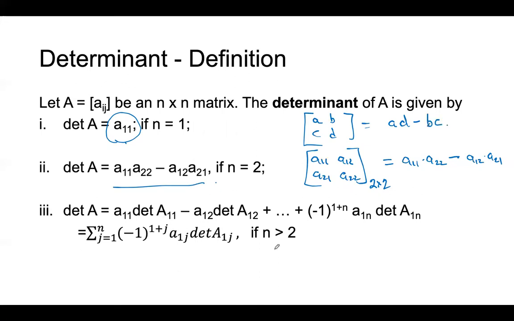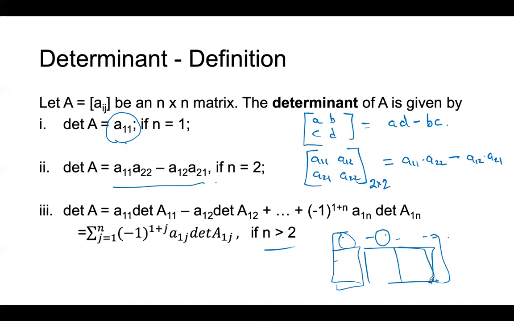Now, for the determinant when n is greater than 2, the coefficient comes out front times the determinant of that submatrix, minus the next coefficient times the determinant of its submatrix, and so on until you've exhausted it. I'll explain this term, the -1 to the exponent 1 plus n.